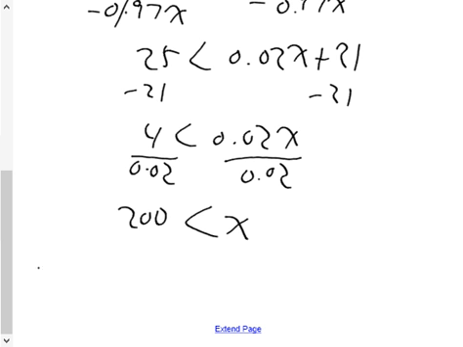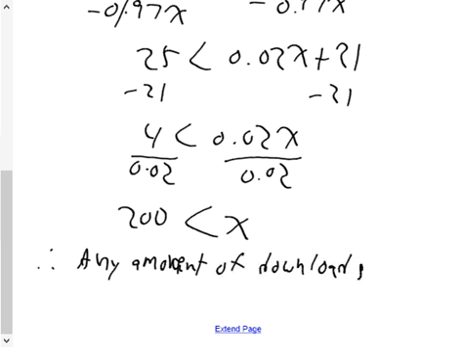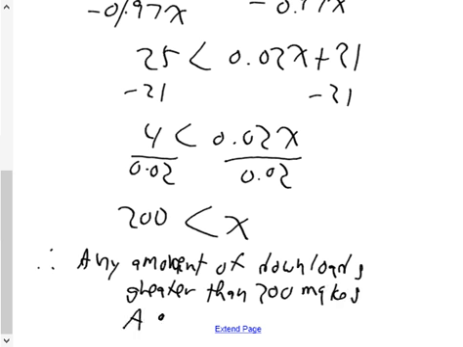So therefore, any amount of downloads greater than 200 makes A a better choice.